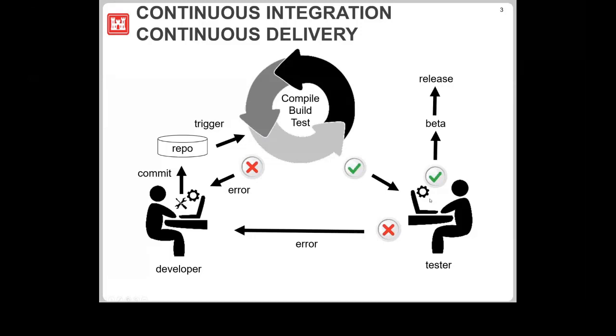So it goes through some internal testing. You can see these feedback loops. If errors are found at this level, it's coming back. If the compile, build, test process uncovers some errors, it's coming right back to the developer to fix. So we're reducing the time between development and when the error is found. And if all goes well at the testing level, we're trying to get the new features and the code contributions out to the users pretty quickly.